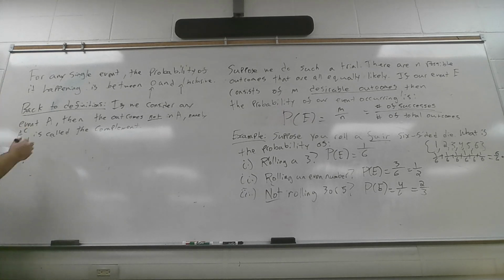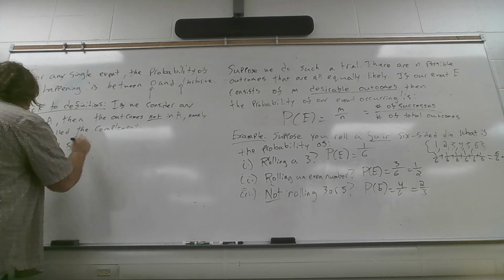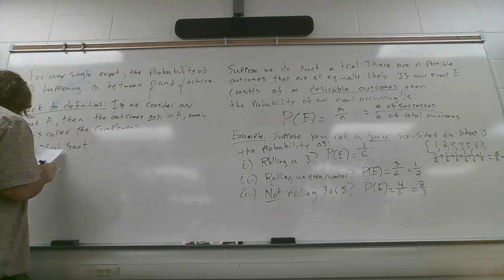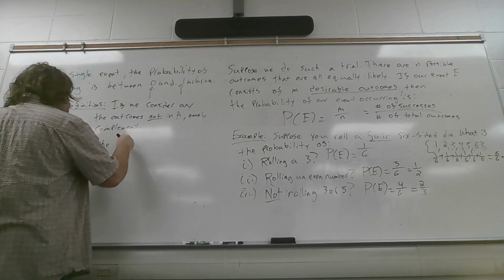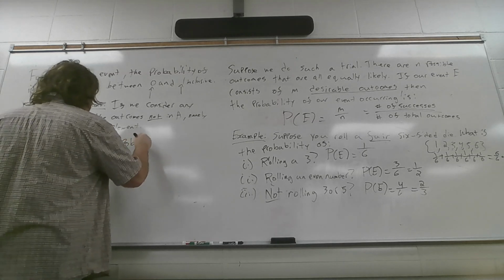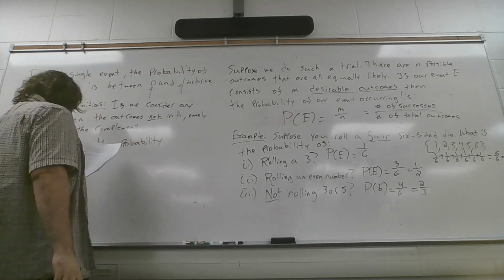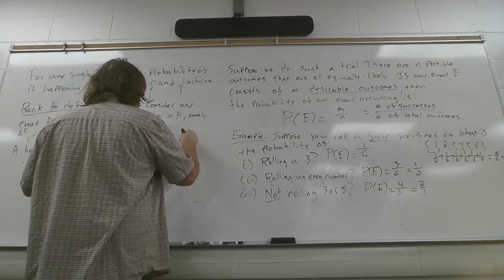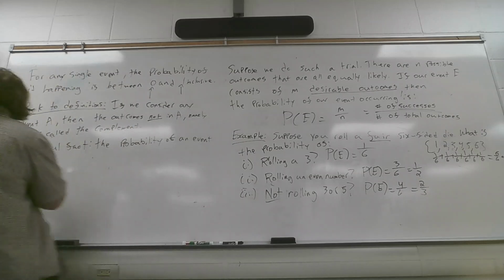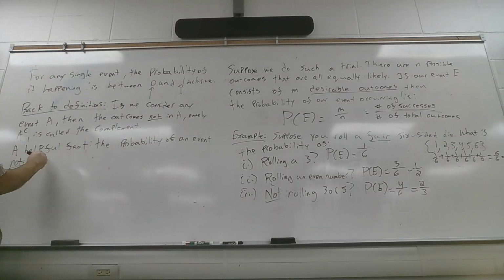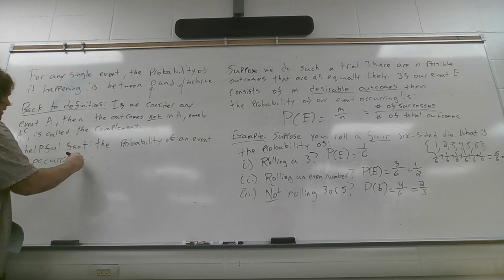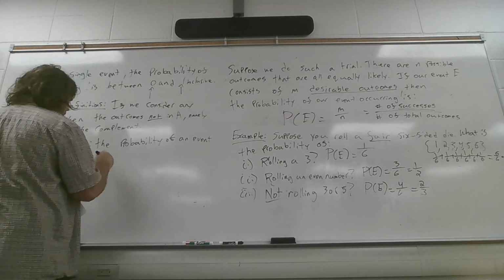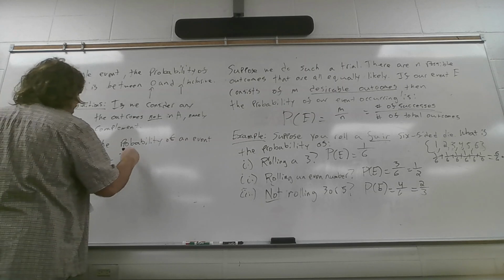So one of the reasons why this is particularly powerful is a helpful fact. And it's basically a formula. The probability of an event not occurring is 1 minus the probability of that event occurring.